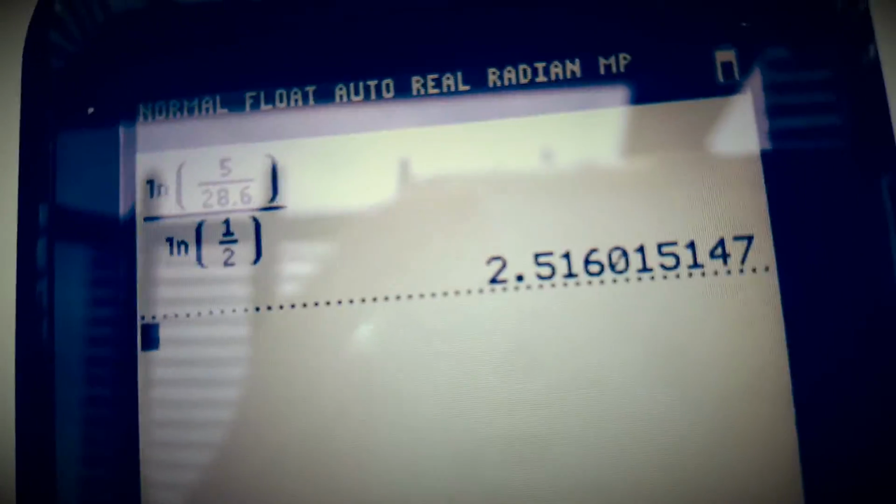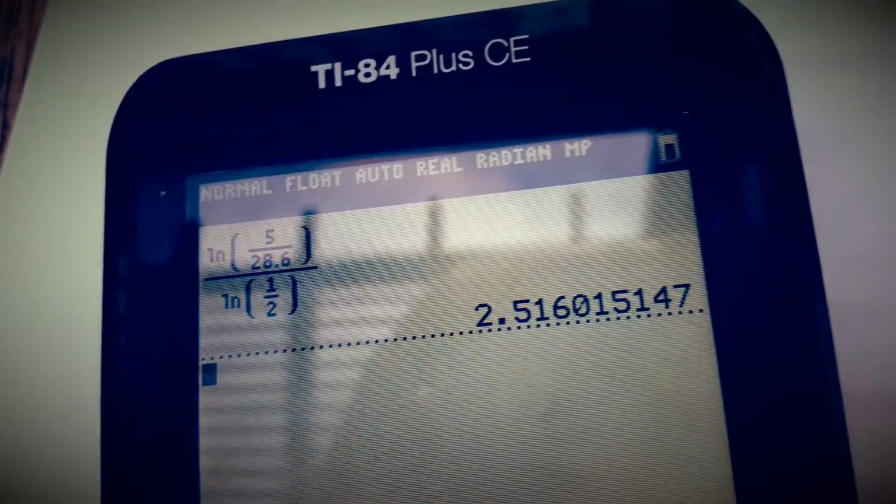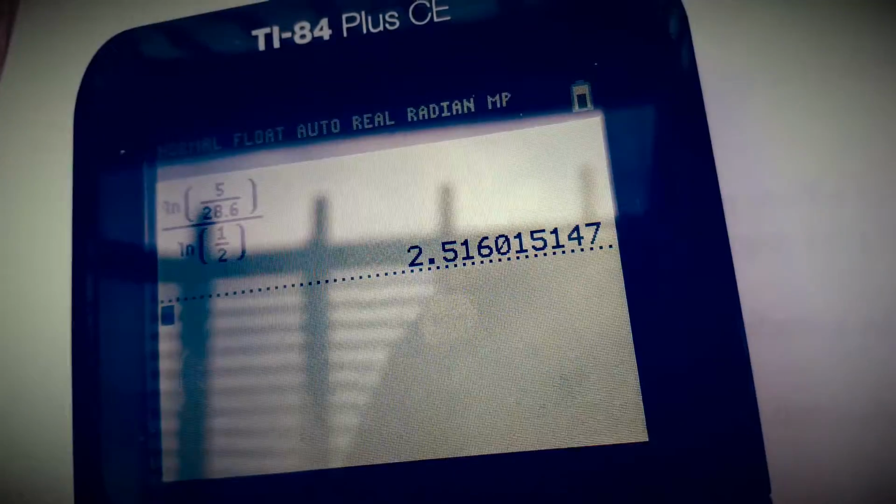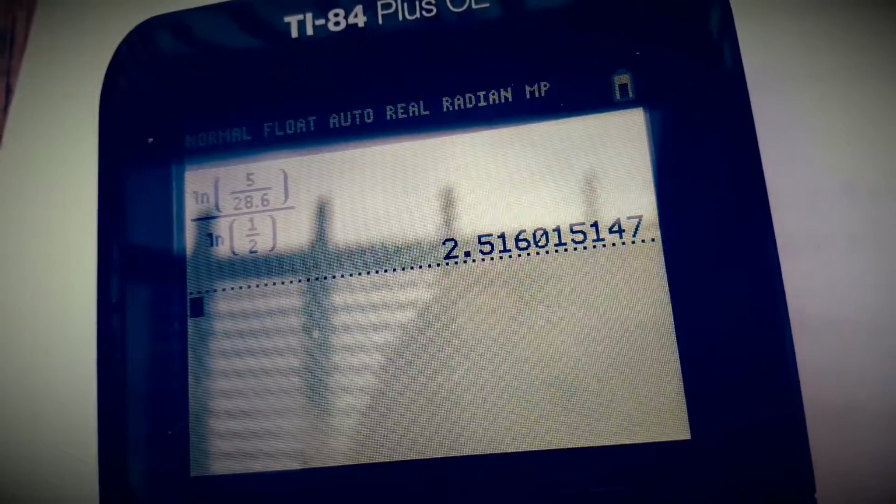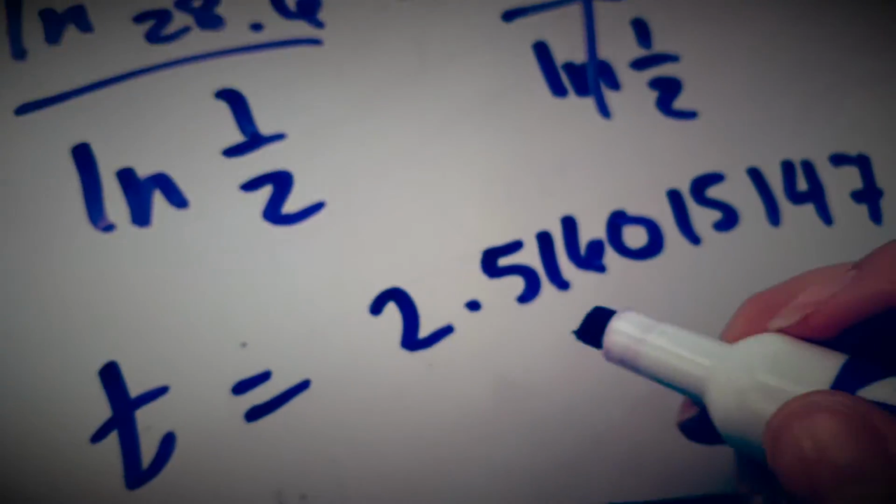That cancels, and if you do that in your calculator, you get the number 2.516015147. Alright, so T equals that number, which is also equivalent to 2 hours and 30 minutes.